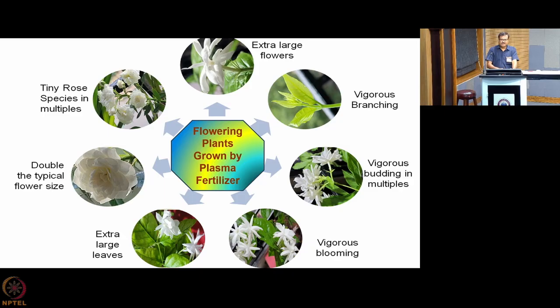So the doses need to be defined, the application route. Sometimes you get a better effect when you spray over the leaves rather than giving at the roots. So whether it is suitable to spray over the leaves, or we should apply it through the roots, all these need to be studied in this area, and they are being done at present.